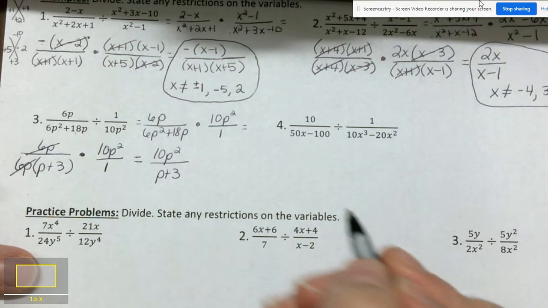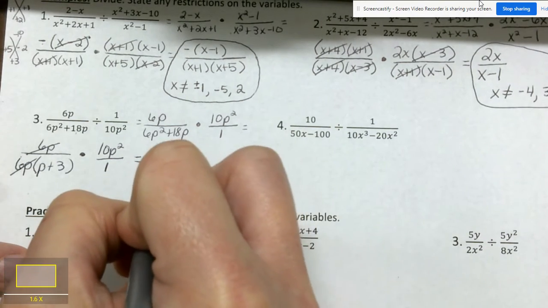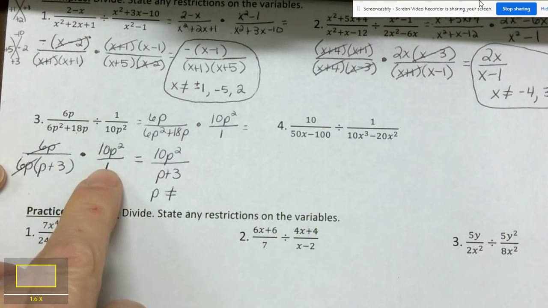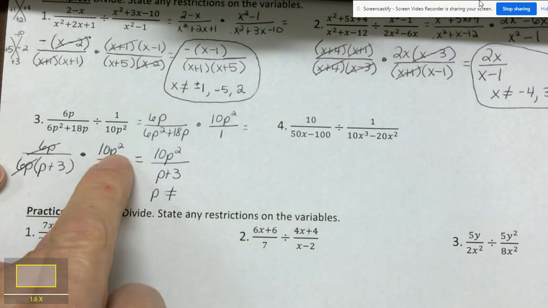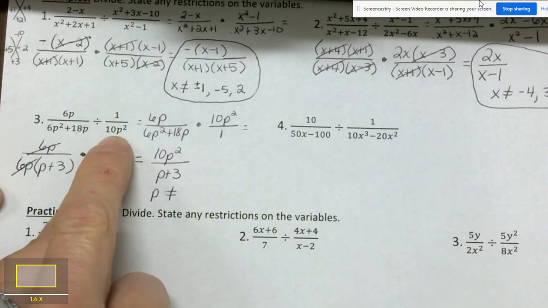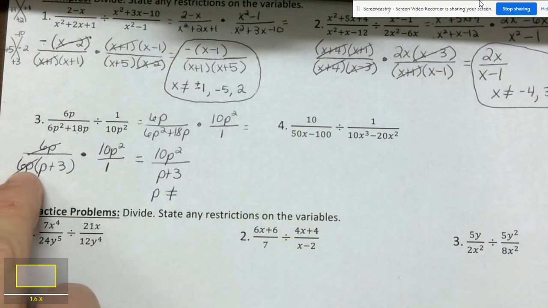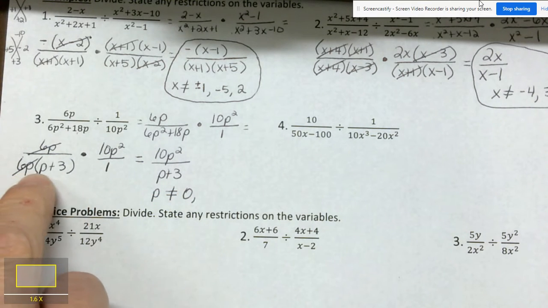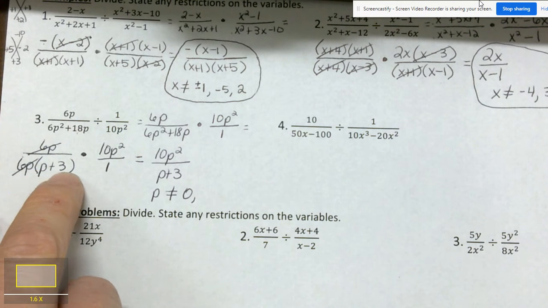Okay, we need to list our restrictions. What can p not be equal to? Remember, it comes from here, here, and also this one because it was originally a denominator. So 6 times what would equal 0? 6p, that means p can't be 0 because 6 times 0 is 0. What can I put in the place of p here to make p plus 3 equal to 0?